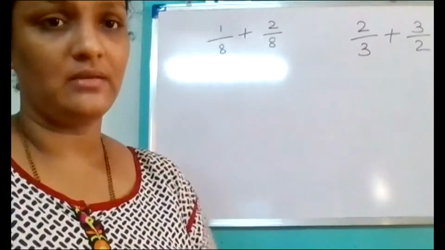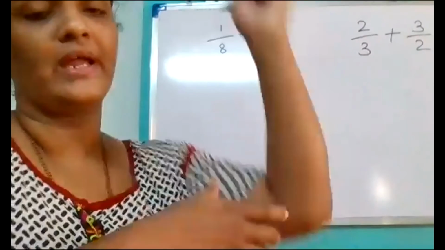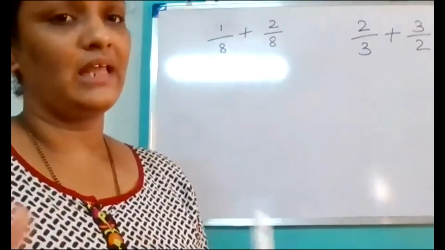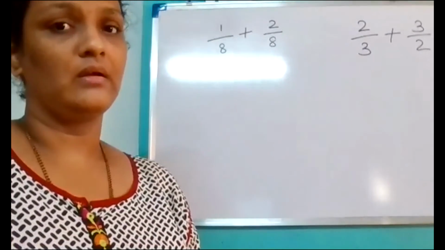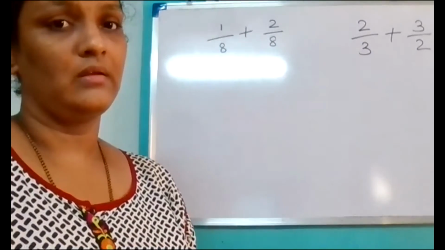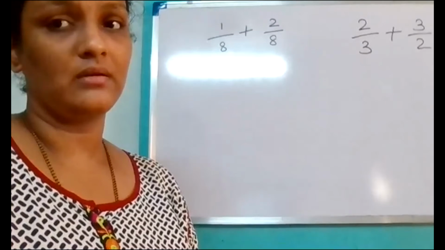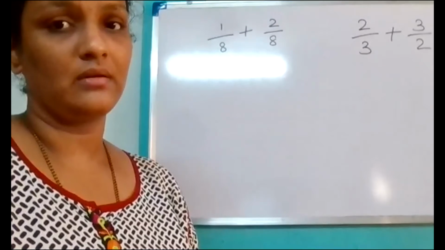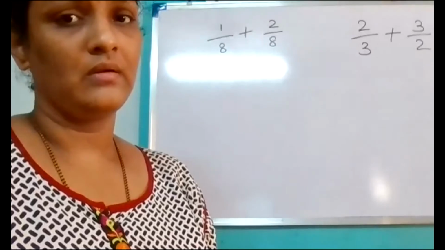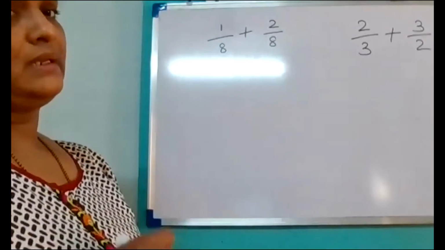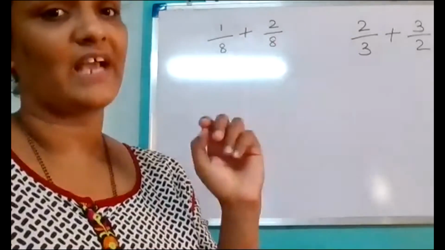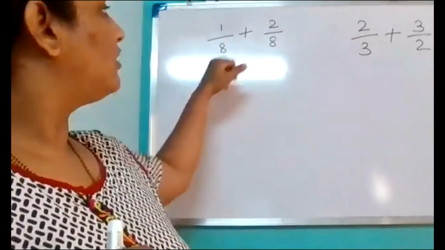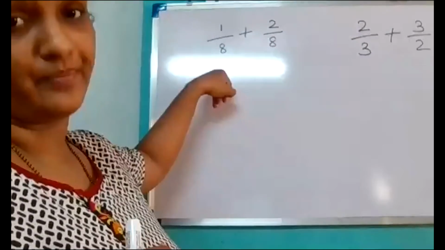Okay, is it? No. Let him tell. We do not have to add the denominator. The denominators are same, then we don't have to find the LCM, and we just have to add the numerator. The rule for addition in fraction is, the denominator has to be the same.